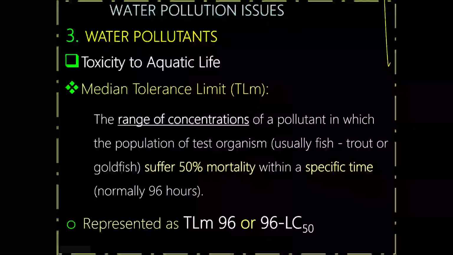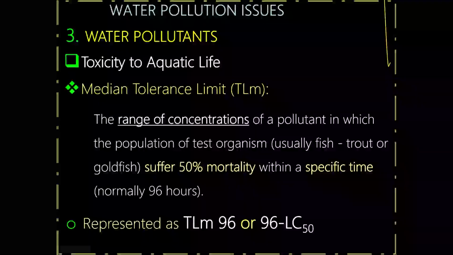So we use the TLM96 or we say 96 LC50. So within 96 hours, if 50% of the organisms you are using to determine if the pollutant is toxic to aquatic life or not die, then we will say that it is toxic. 50% of the organisms died.